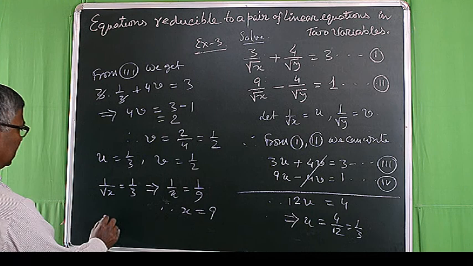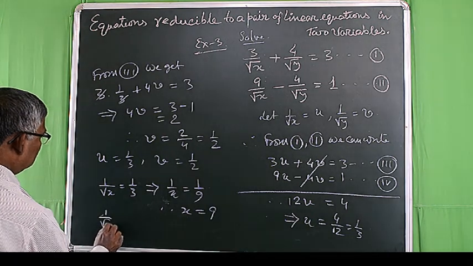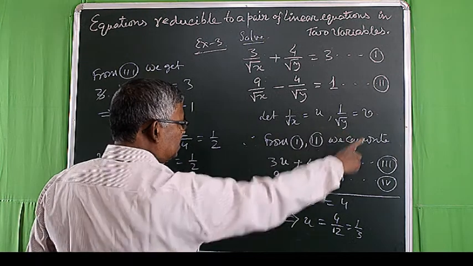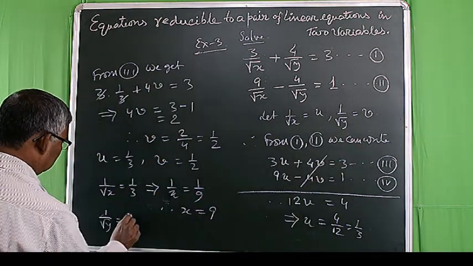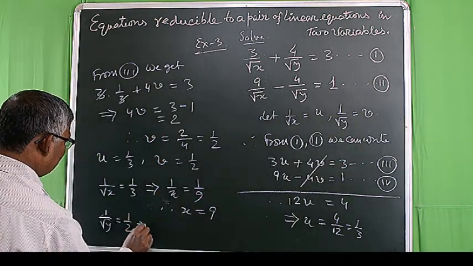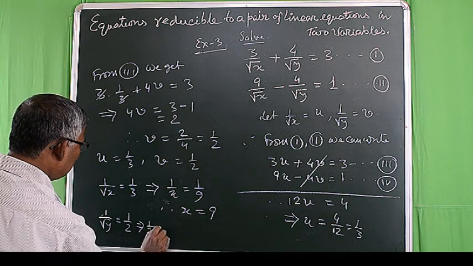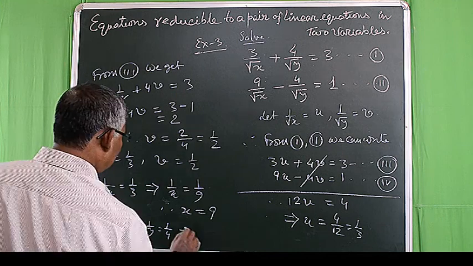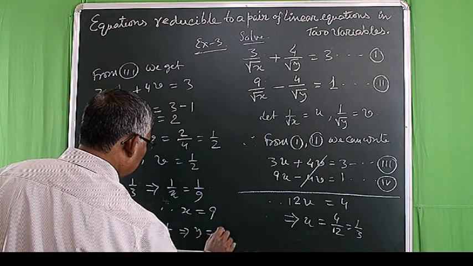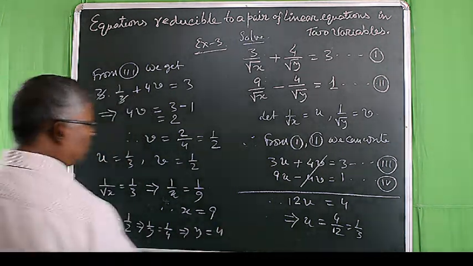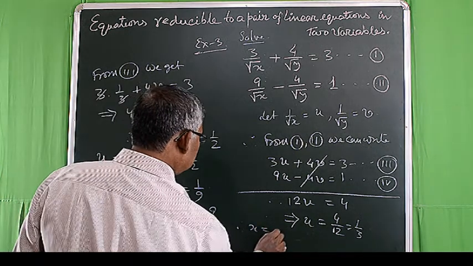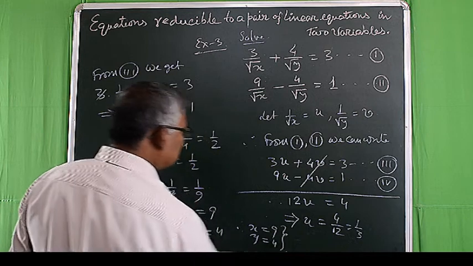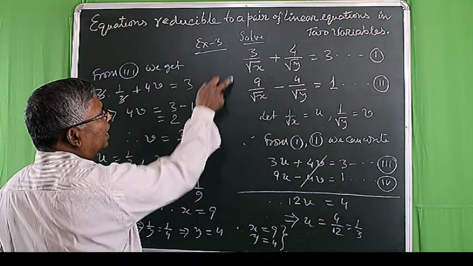Similarly, we get 1 by root y equal to v. That is, what is the value of v? That is half. This implies that 1 by y equal to 1 by 4. Squaring both sides, this implies that y equal to 4. Therefore, x equal to 9 and y equal to 4 are the solutions of equation number 1 and 2.